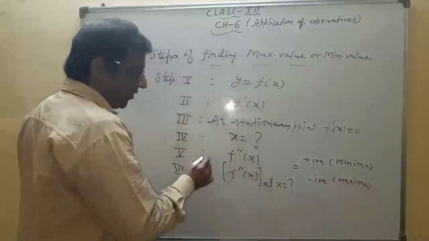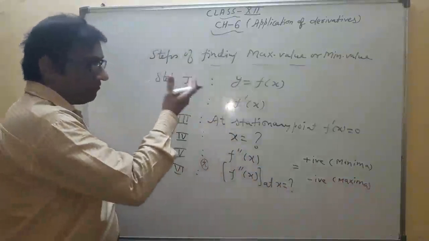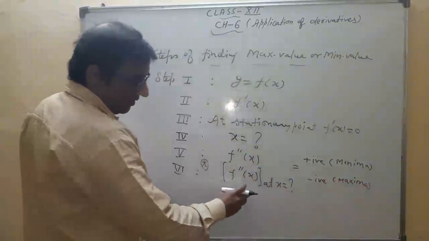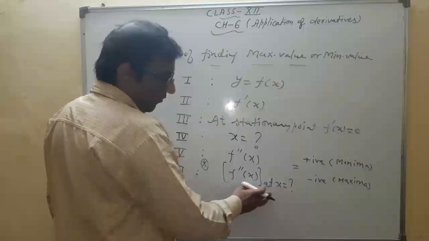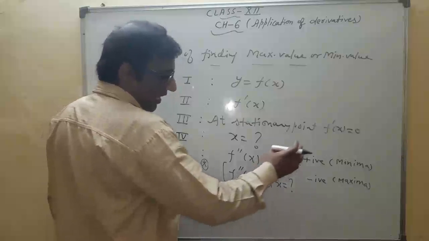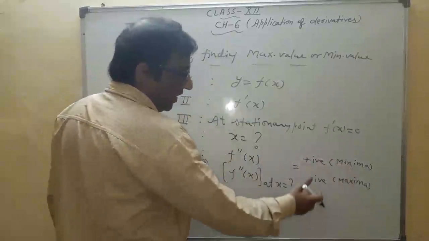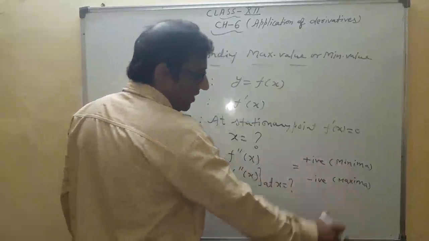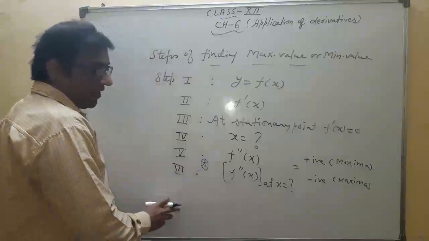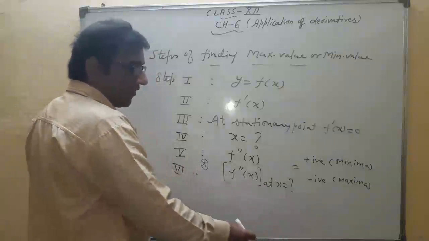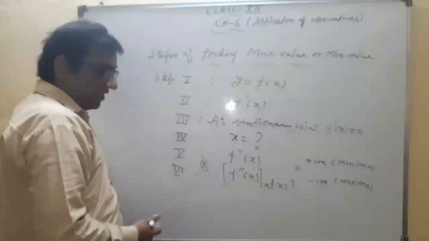So this is the turning point of these steps. When you put the x value in the double differentiation, if we are getting a positive sign, then we can say the function is minima here. If we are getting a negative sign, then the function is maxima here. Then we will mention that at the particular value of x, the given function is maxima or minima.